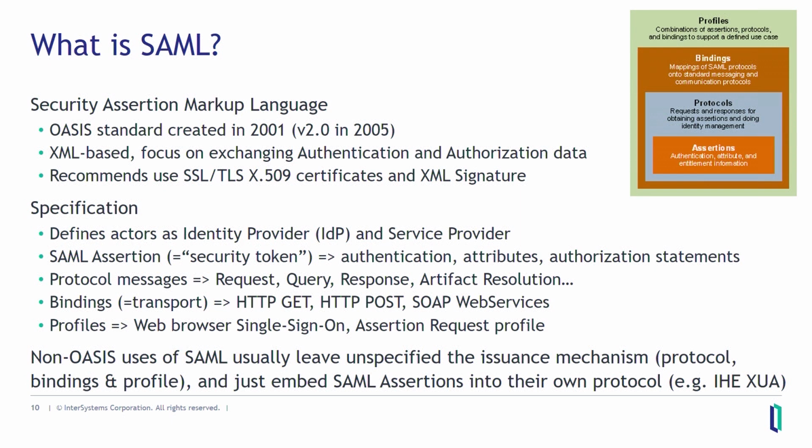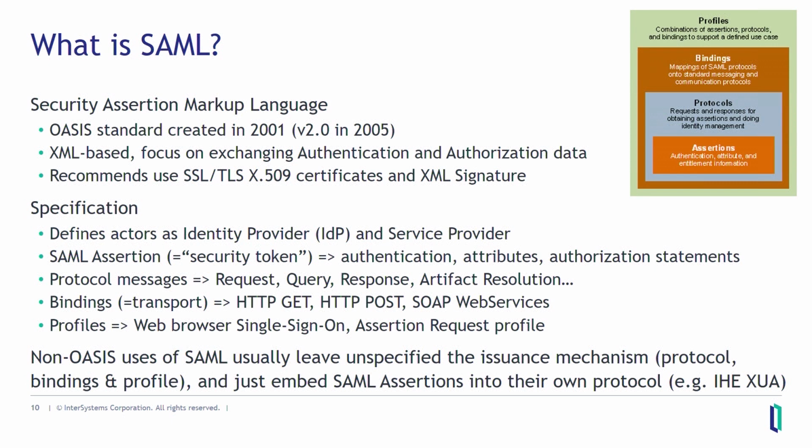The objects are separated in sort of 4 different categories that are packaging each other, if you want. At the center, at the bottom, there's a SAML assertion, which is really what I call the security token. It is what contains the information about the user, the authentication, the authorization statements about this user.